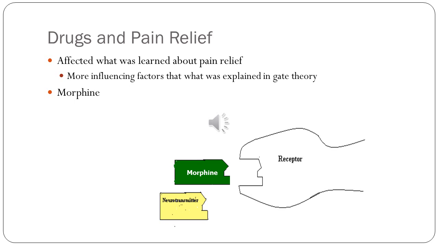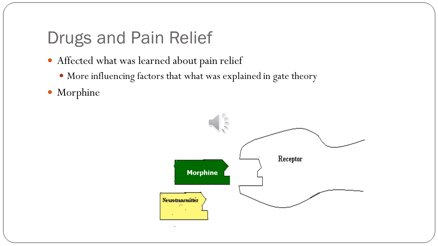Morphine is going to fill that receptor, and the pain neurotransmitter isn't going to be able to utilize it. The pharmacology here is that these strong pain-relieving drugs look to fill those pain receptors and prevent that.